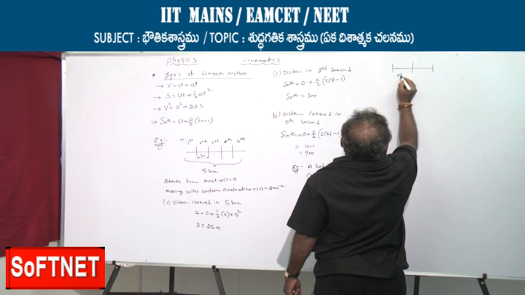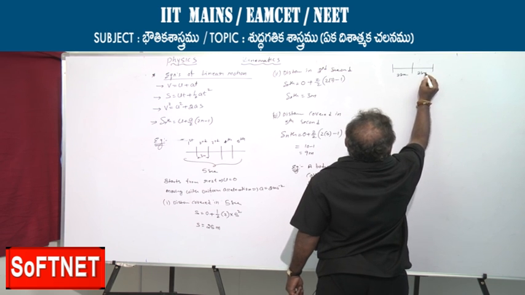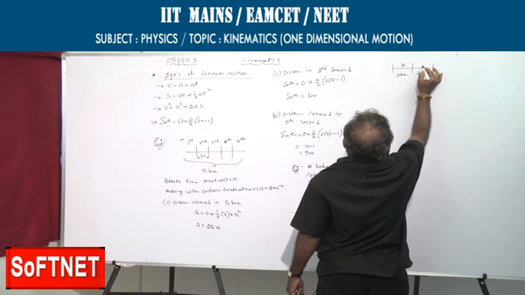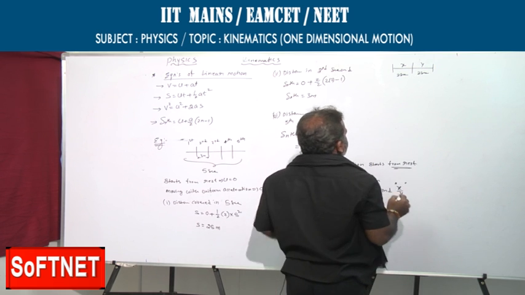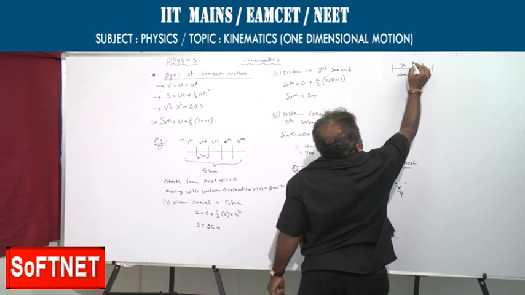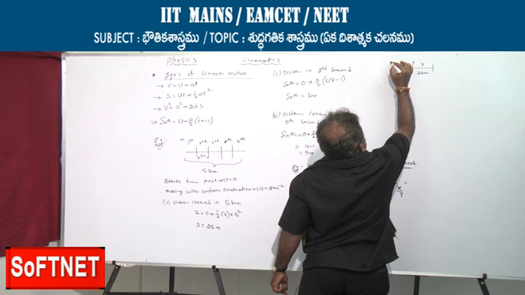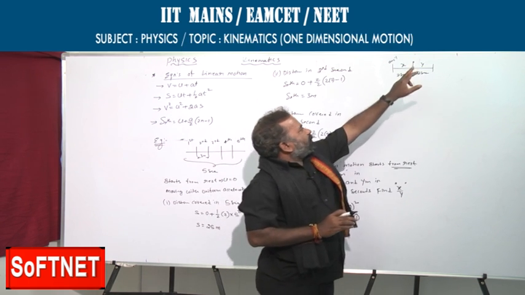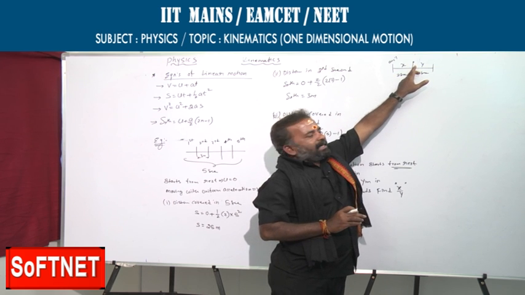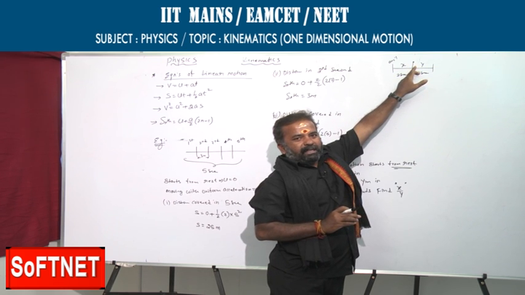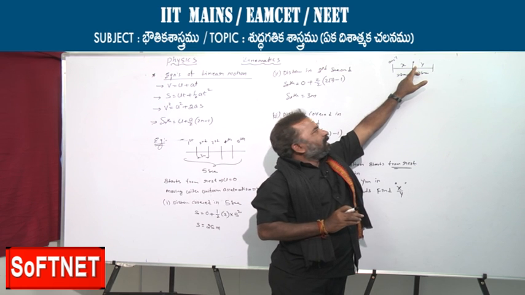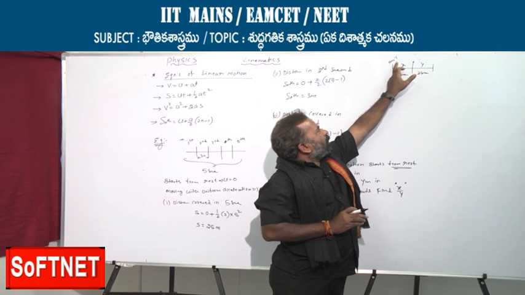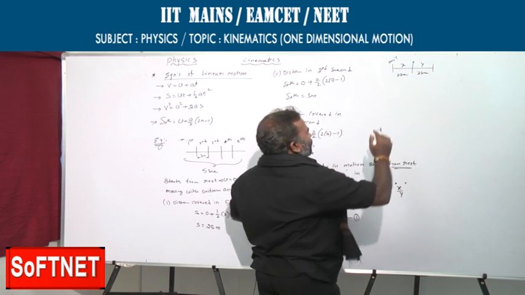This is first 2 seconds. This is next 2 seconds. This is x meters. This is y meters. After 2 seconds, the body will be coming here. It starts from 0 meters per second. But after 2 seconds, its velocity will not be 0. It has some velocity. That is the reason you should again start from initial point.